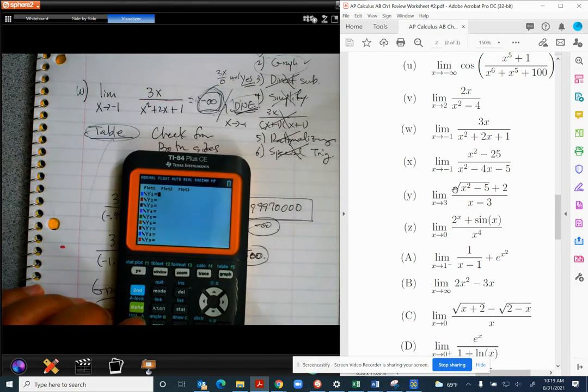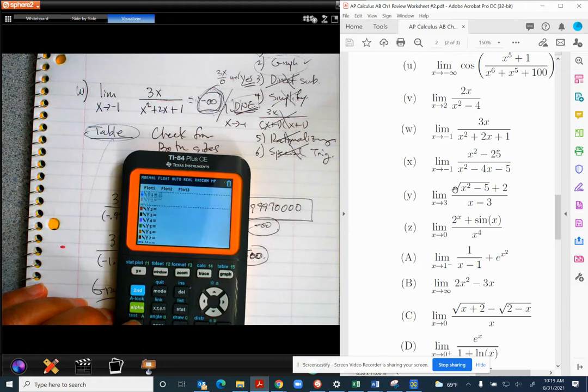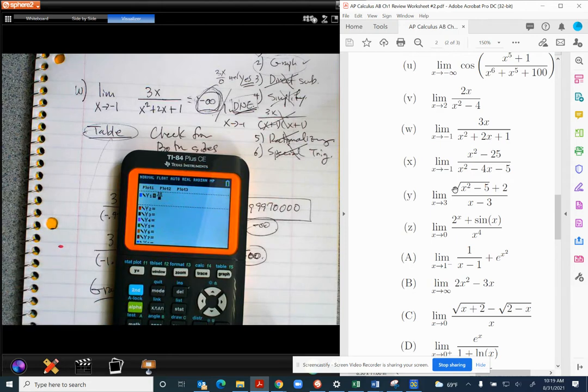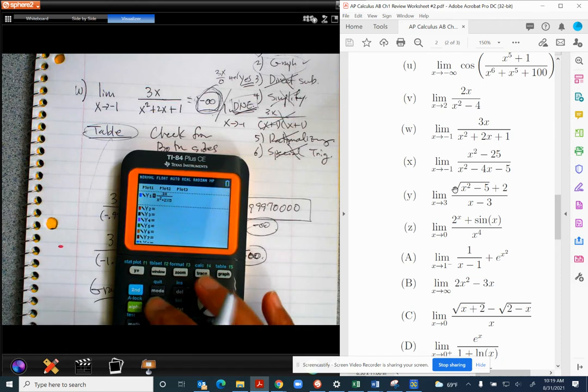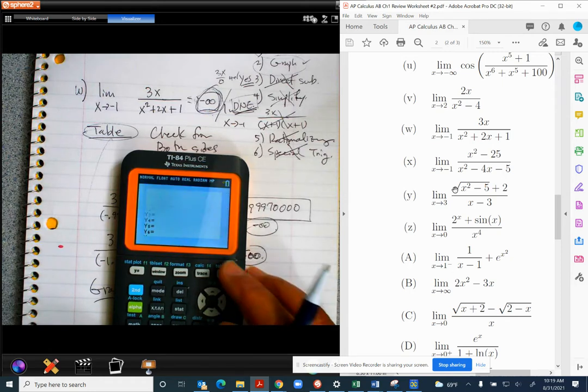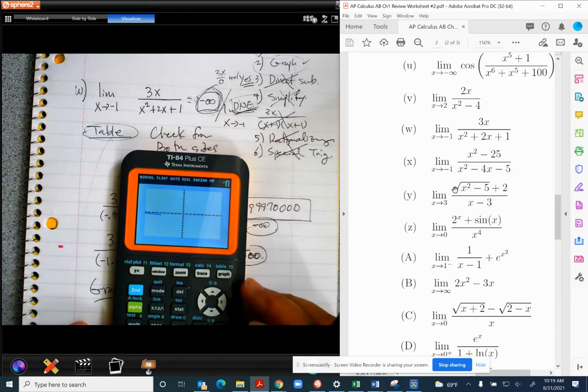All right, let's go to fraction. 3x over x squared plus 2x plus 1. Alright, make sure your window is in the correct setting.